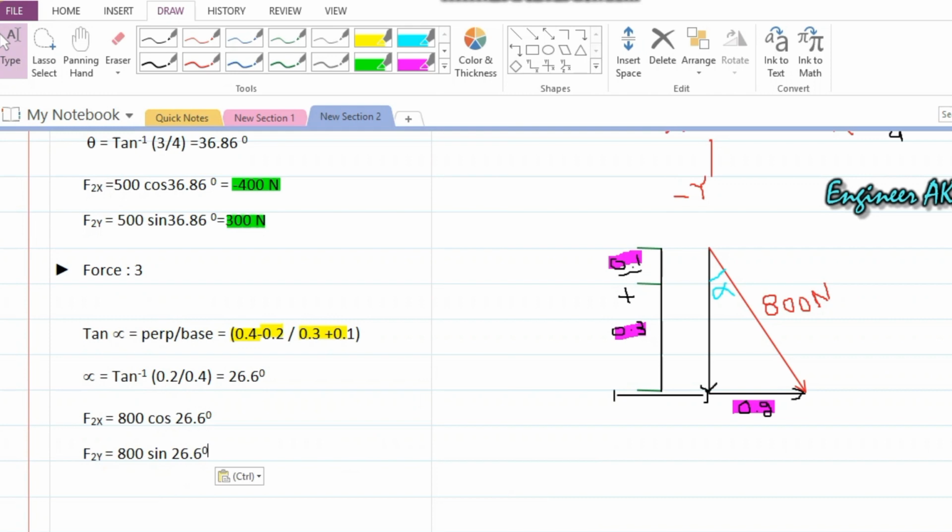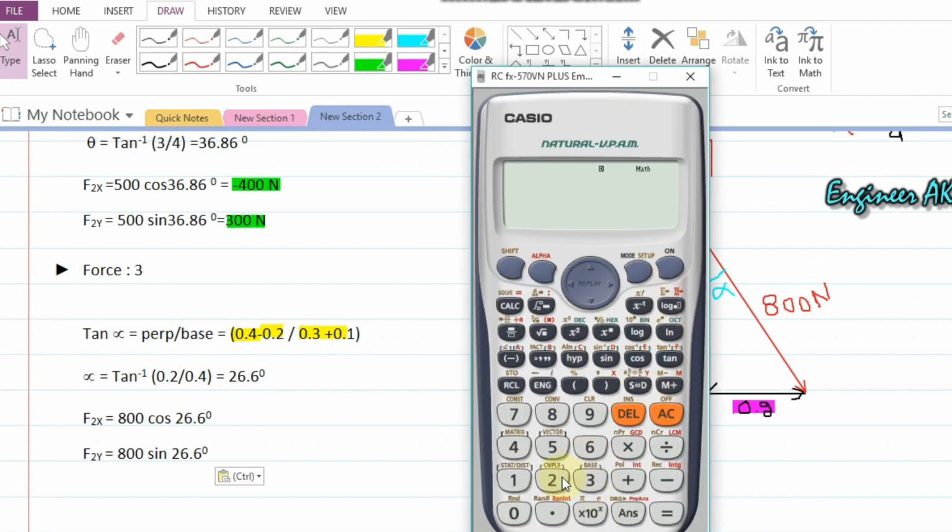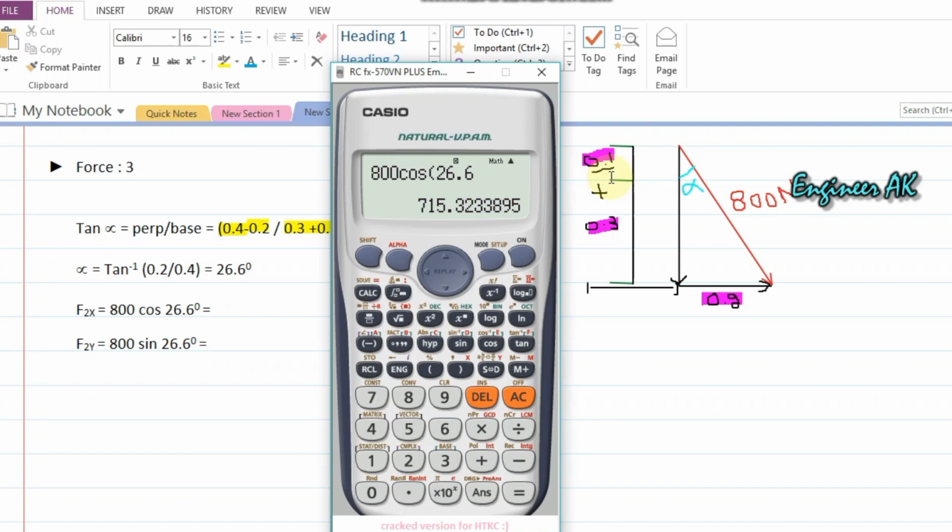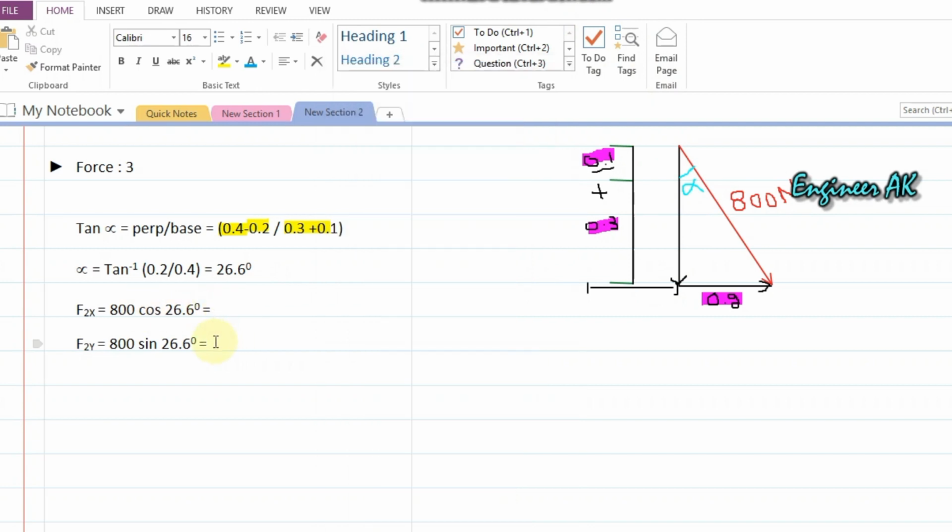So now if I plug in this value in the calculator, 800 cos of 26.6, it is giving me 715.32, but it is downward. And we know that downward it is in the negative y-axis, right? So I will write a minus sign here because it is negative y direction, so 715 Newton, right?